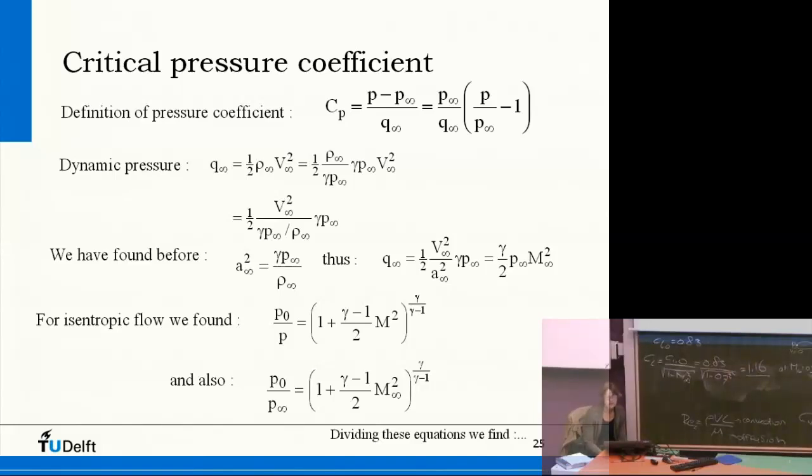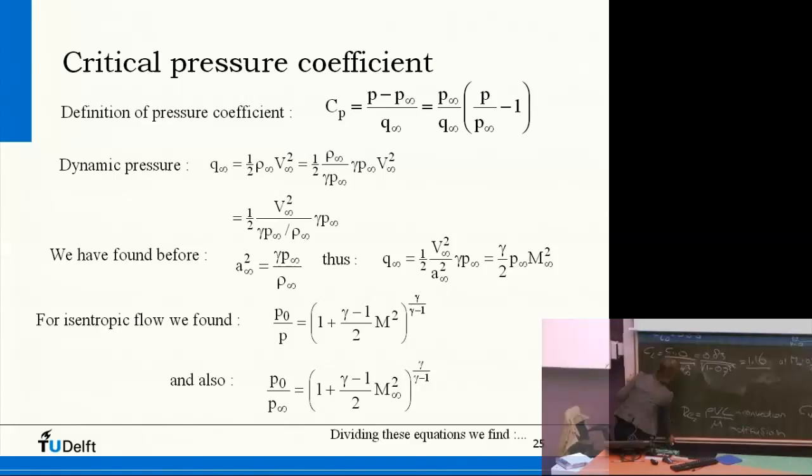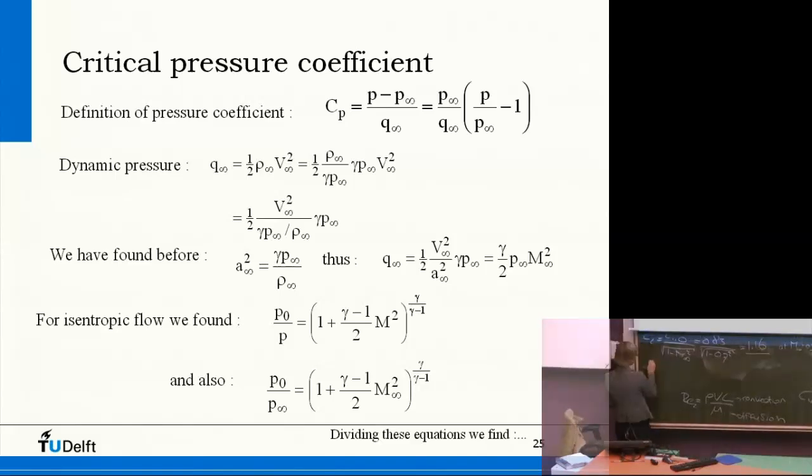And speeds of sound, I derived a while ago, are the square root of gamma R T. So the speed of sound squared is gamma R T. A squared is gamma R T, which is the same as gamma P over rho, because with the equation of state, P is rho R T.